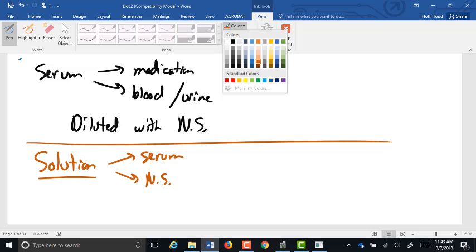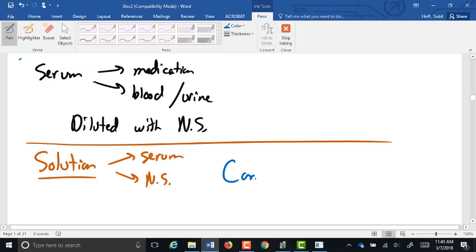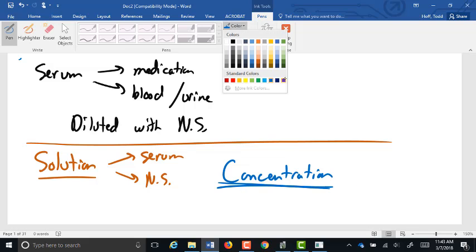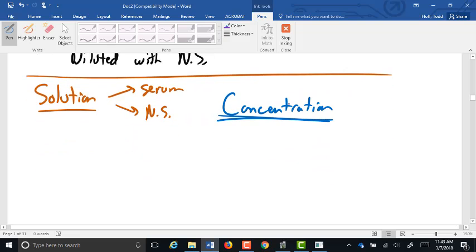And the concentration, remember, we can find the amount of serum, of substance, of active ingredient by taking that concentration times the total volume, which gives us the amount of serum.